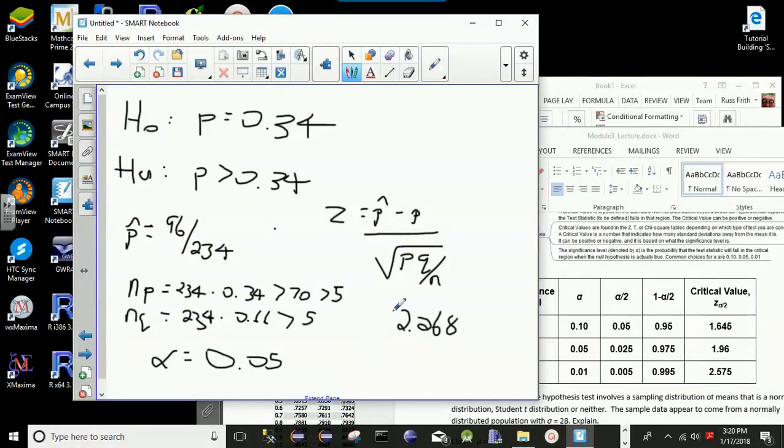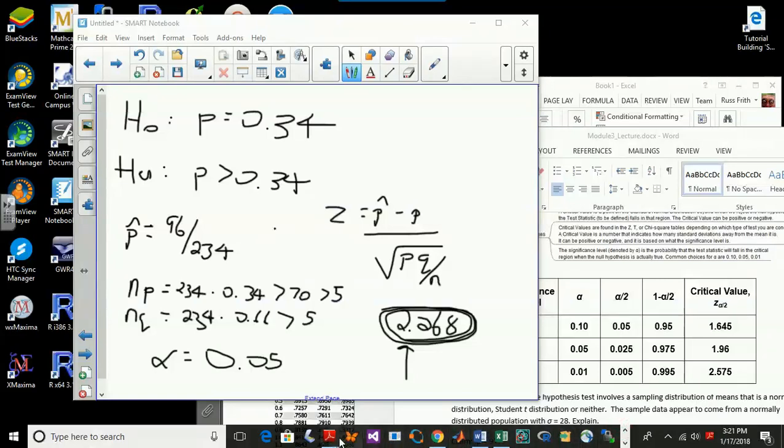No, the p-value comes from your test statistic. I'm sorry, I had that backwards. So what is the probability in the standard normal table when this is your z-score? I apologize.